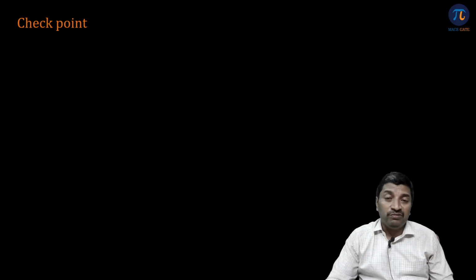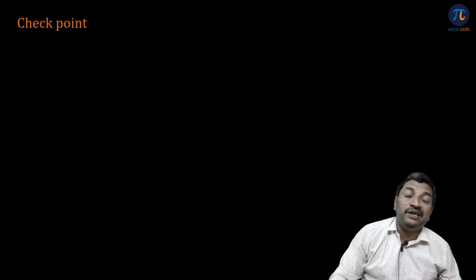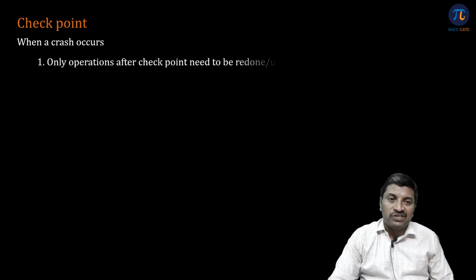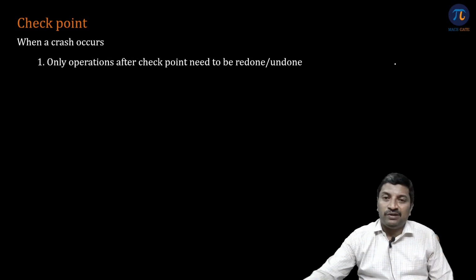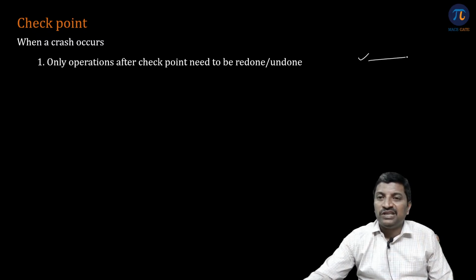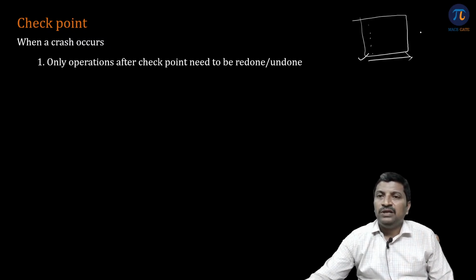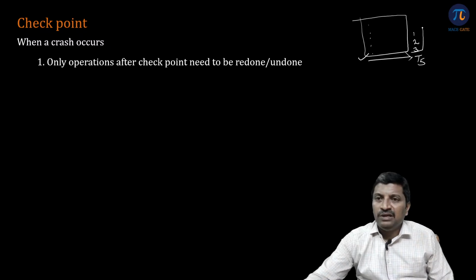Now, how do we identify what the redo list is and what the undo list is? When a crash occurs, the first point is that no need to consider any line before the tick mark because all these were done successfully. Even if T5 is not completed, some operations were done for T5, and these operations need not be touched.